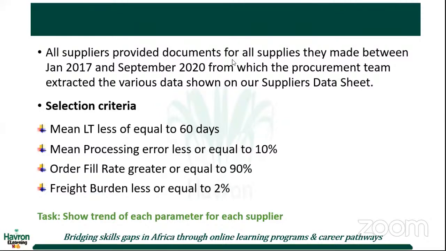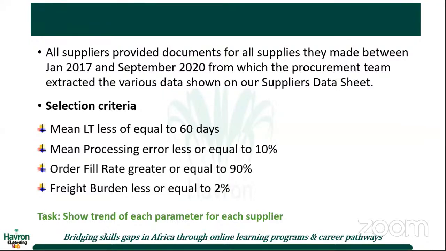Now, the other things that were provided, the suppliers have provided all the documents, and this document for the supplies they made between January 2017 and September 2020. And from these documents, the procurement team extracted the various data shown on our data, our suppliers data sheet.